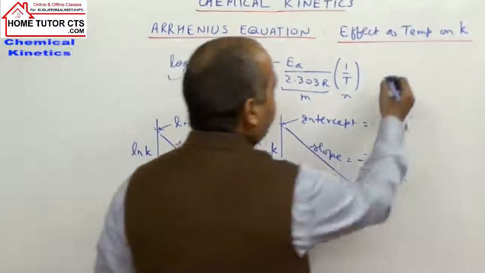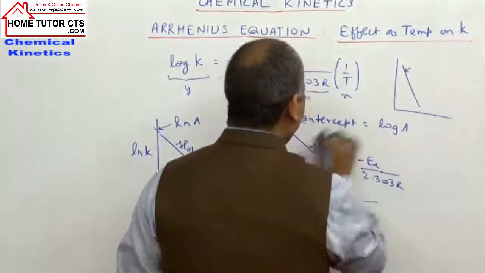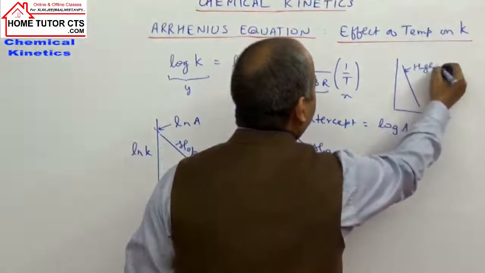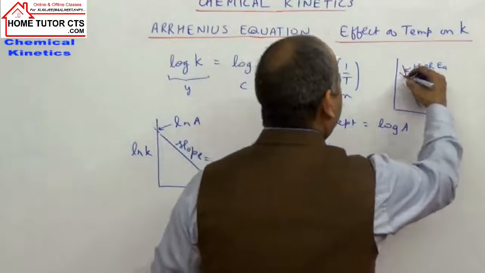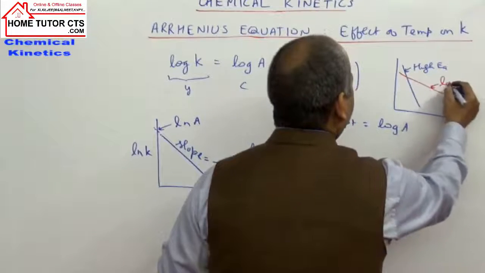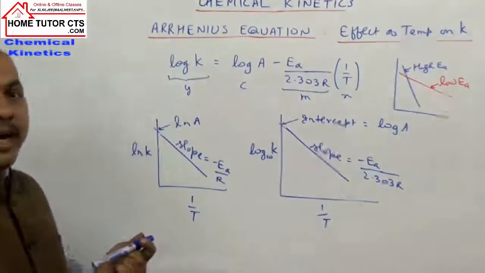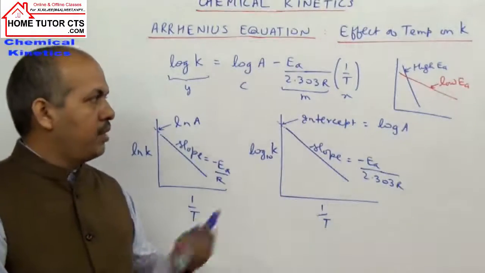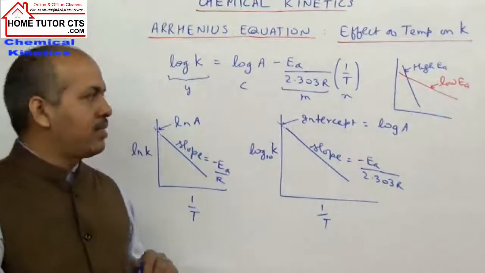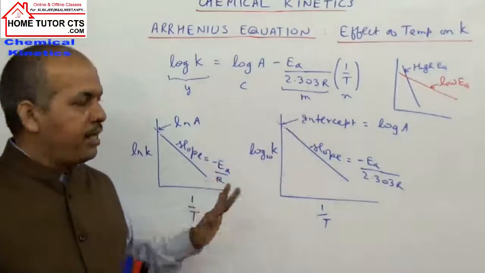In the same graph, this reaction has high activation energy. On the other hand, if I draw a graph of this nature, it is for reactions having low activation energy. So high activation energy means the slope is more, and low means the slope is very less. I hope it is clear.